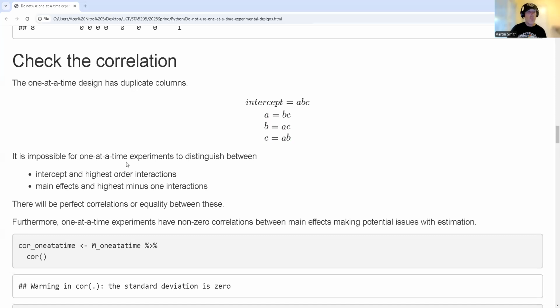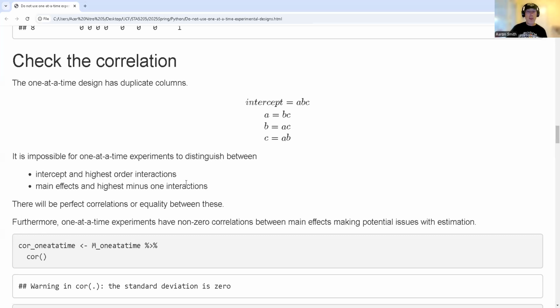That's not a coincidence. All right, so it is impossible for one at a time experiments to distinguish between the intercept and the highest order interactions, and main effects and the highest minus one interaction levels. Okay, so we can just see right there that there is a hard upper limit on what I can get out of these experiments.